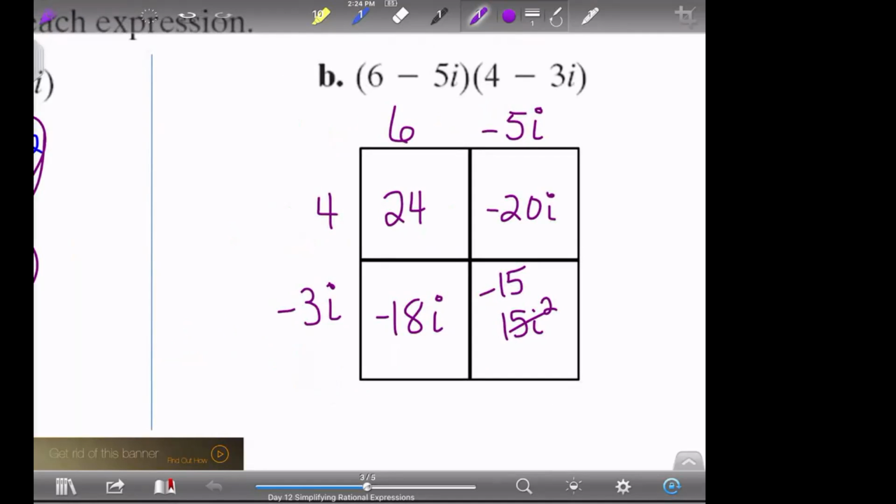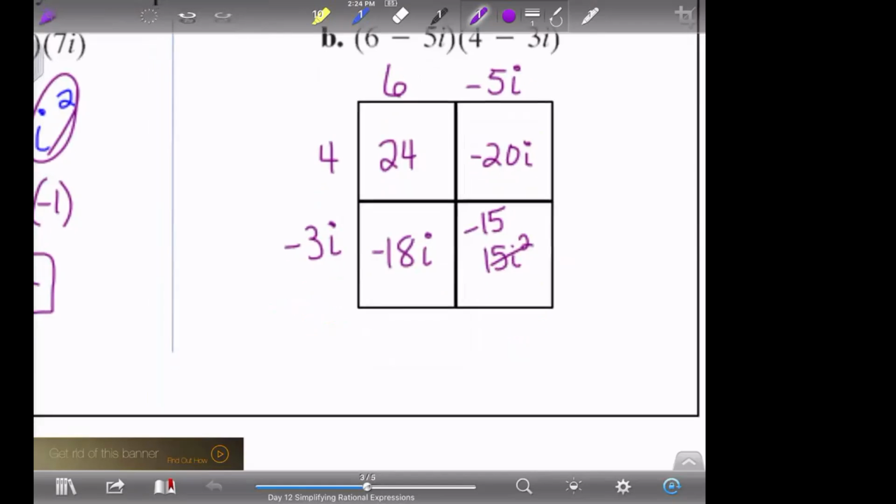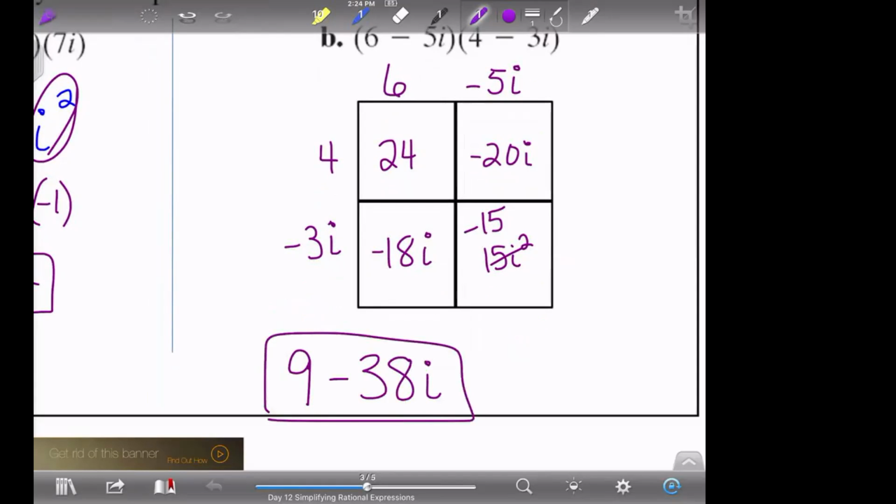So looking at the real numbers here, I would have 24 and negative 15. 24 minus 15 is just 9. Negative 20i and negative 18i, those are my imaginary pieces, combined to give me negative 38i. And that would be our final answer.